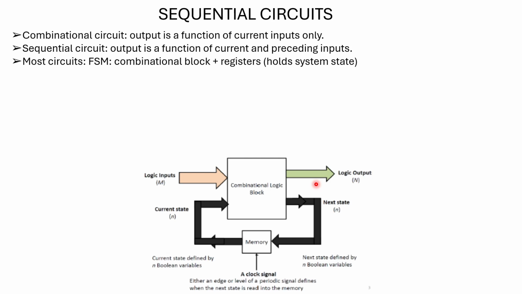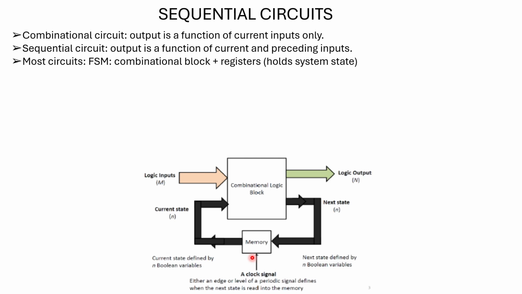Here I have one example of a finite state machine. I have a combinational logic block with M logic inputs, and it provides N logic outputs and also the next state of N Boolean variables. These go to the memory part, which is driven by the clock.